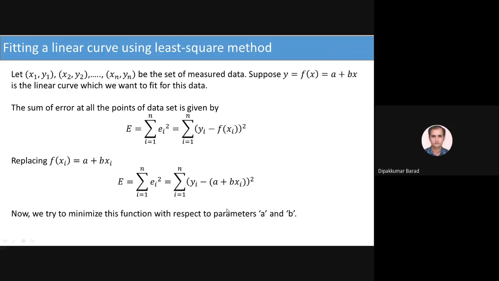So if I take the partial derivative of E with respect to b, what do I get? The power is 2, so 2 into (yi minus (a plus b xi)). Now in differentiating these terms, yi is constant with respect to b, so that is 0. a is constant with respect to b, which is 0.